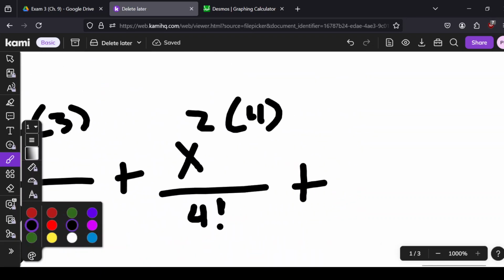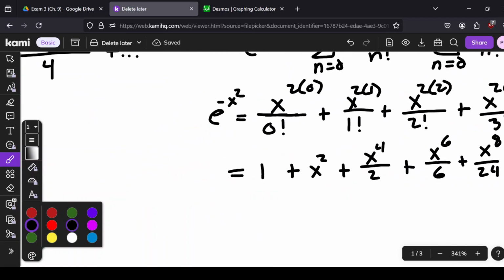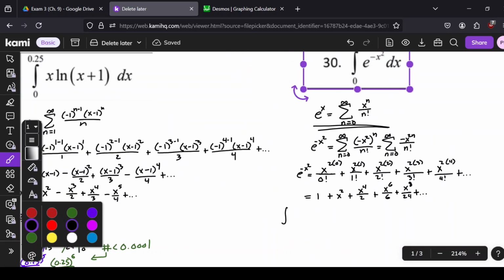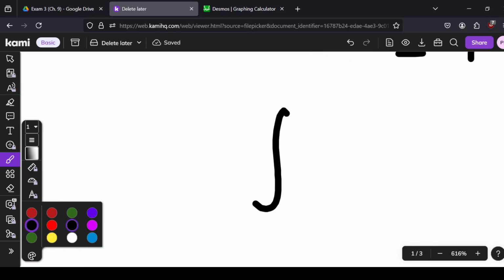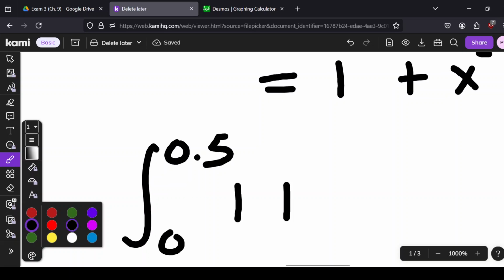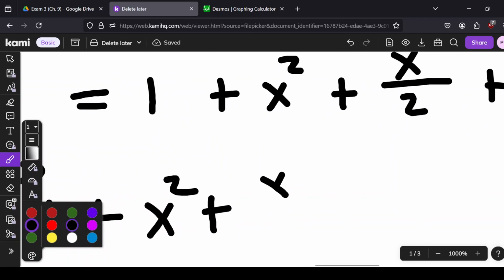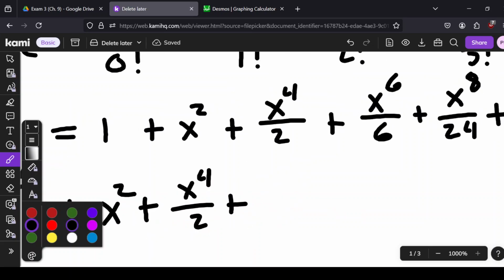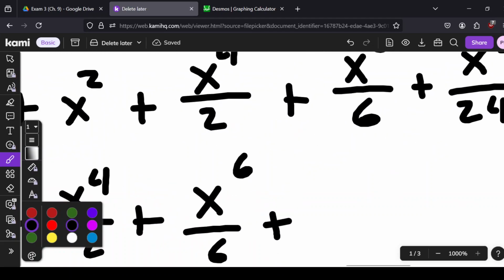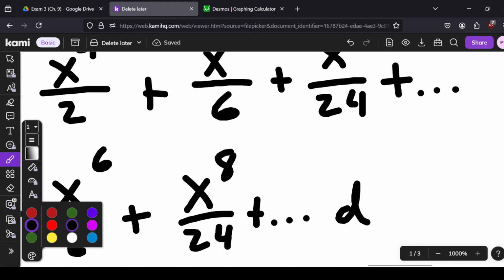Hold on, let's add this dot, dot, dot. I always forget that. So let's integrate that from 0 to 0.5 of 1 plus x squared plus x to the 4th over 2 plus x to the 6th over 6 plus x to the 8th over 24 plus dot dot dot dx.